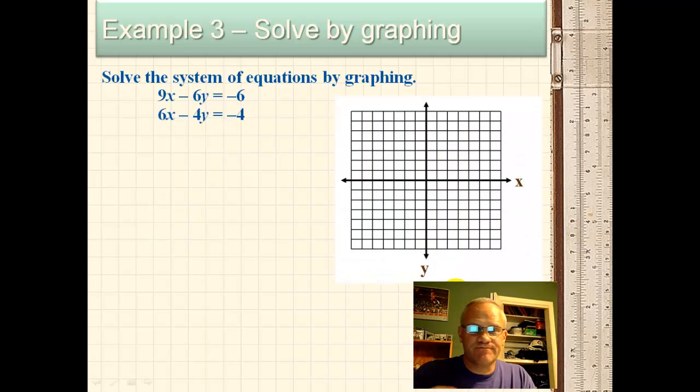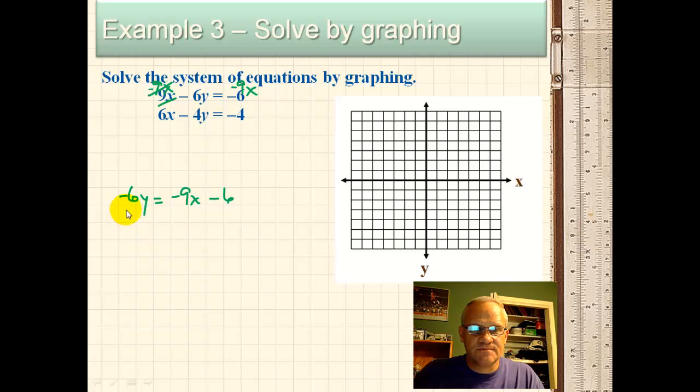How about this one? All right, it seems like a number of things there we've got to take care of. First of all, let's get y by itself. So I'm going to subtract 9x. So these cancel. There's still a negative in front of that 6 there. So negative 6y equals negative 9x minus 6.